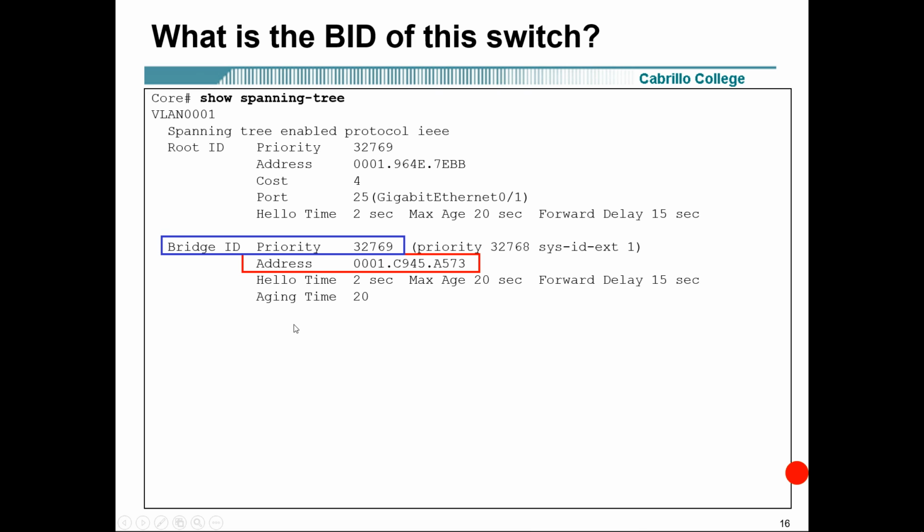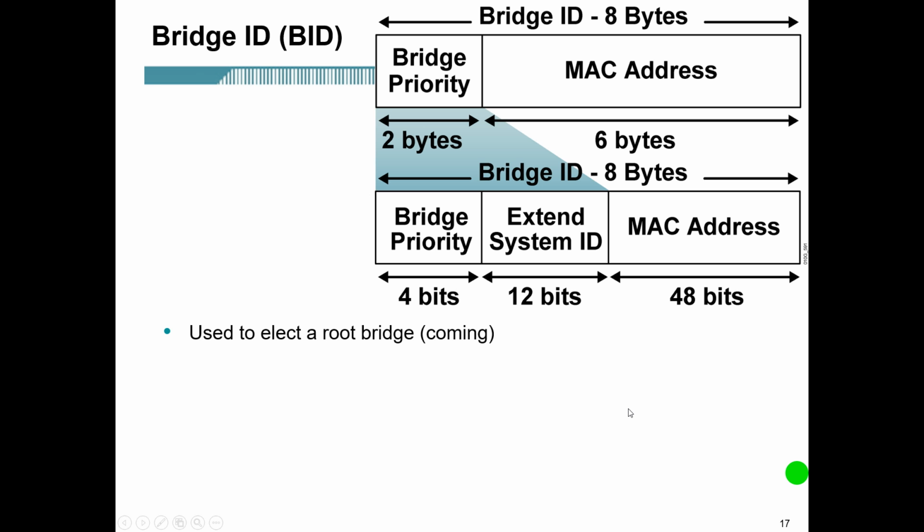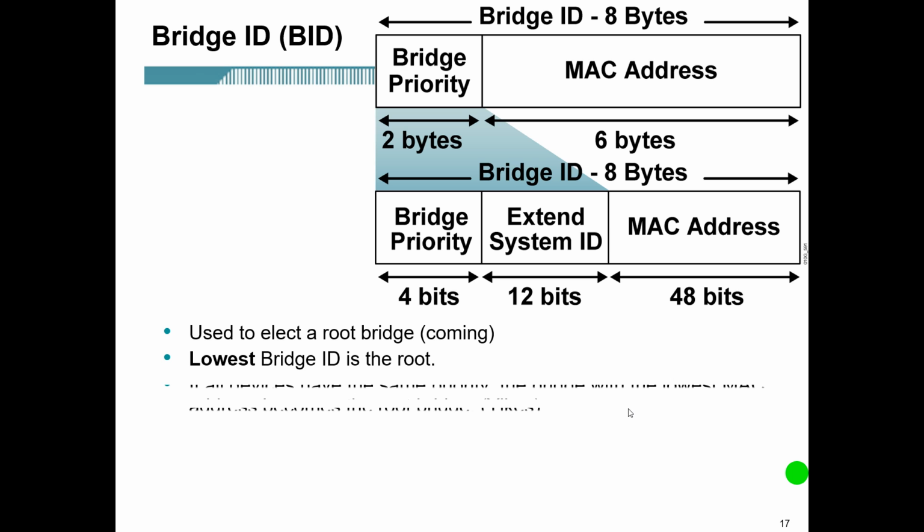So that was something to look at, because shouldn't our core be our root bridge? We're going to be using our BID, our bridge ID, to elect a root bridge, and that's what's coming. Our lowest BID is the root. And you'll notice that our core doesn't have the lowest BID.